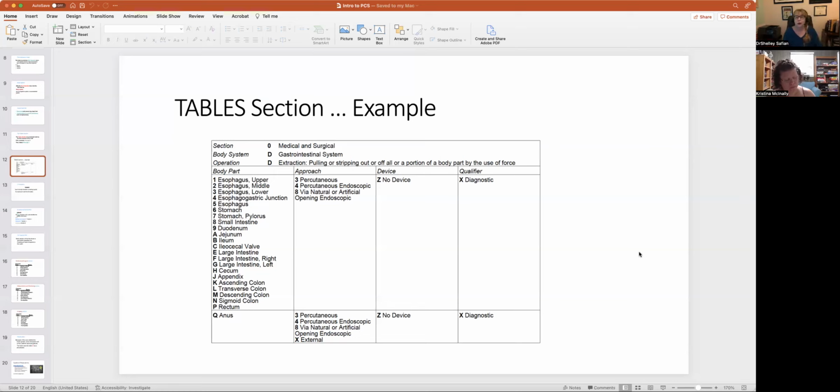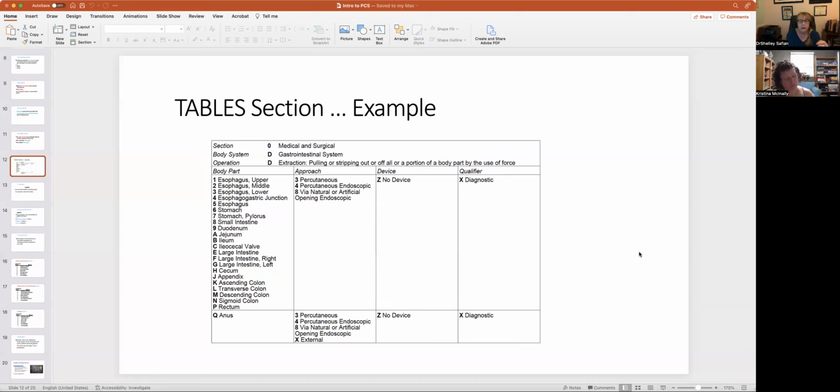Medical care and surgical care. Then we have that identifier, that letter or number that's going to identify which body system. The first character is always going to identify which section of the PCS book. The second character, for the most part, is the body system; it changes when we get to imaging or other sections.